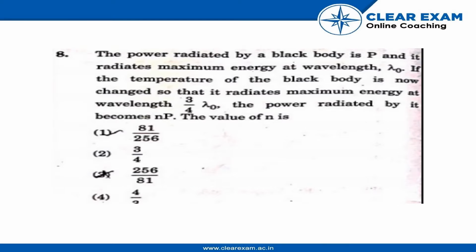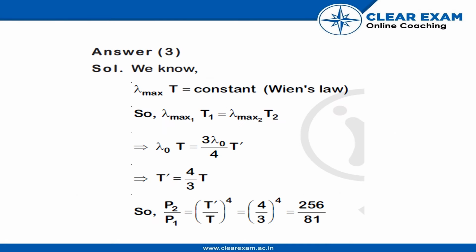The value of N is, now we're moving towards, we can say that lambda naught changes with change in power, or is directly related to power. And we also know that energy is equal to hc by lambda.